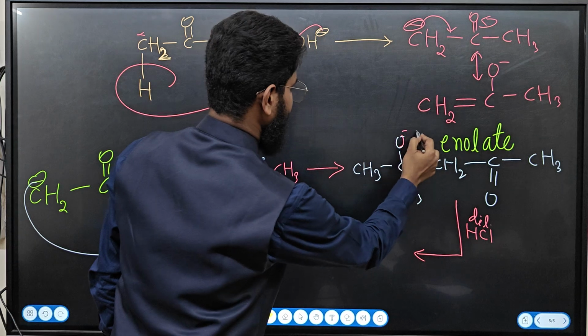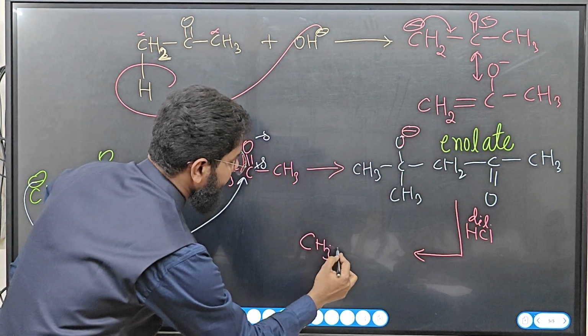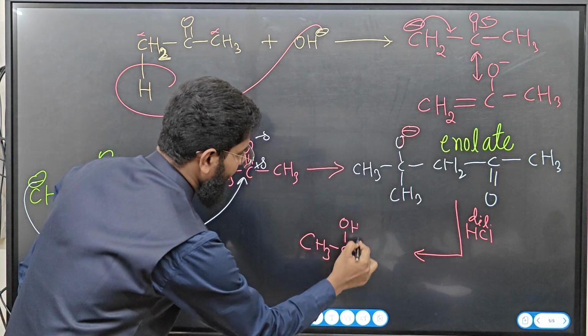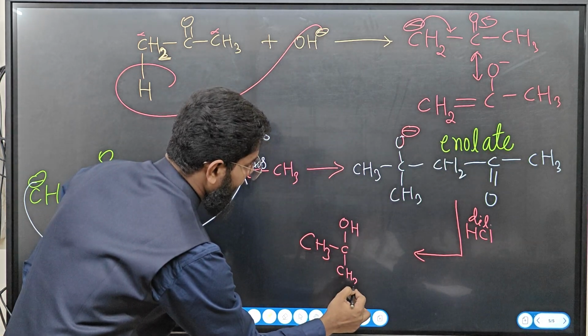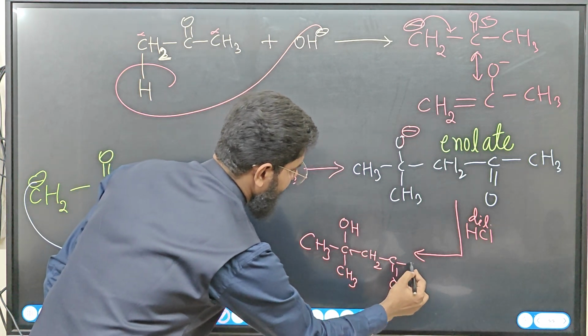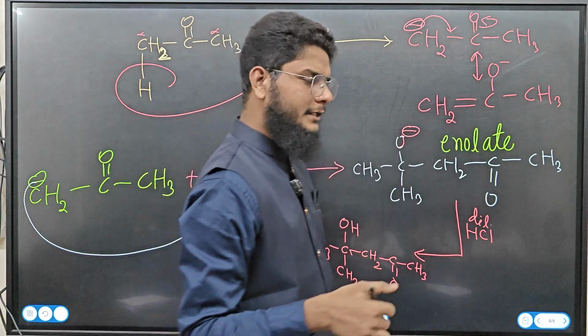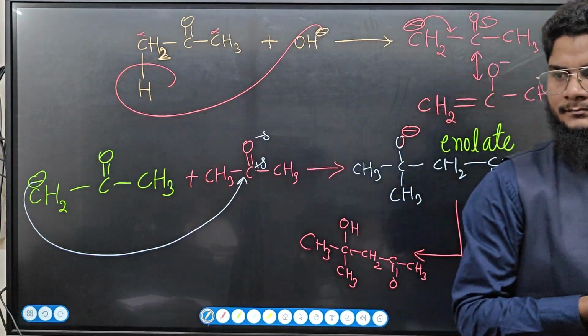This is your negative. So you will get the neutral product, CH3 COH CH2 CO CH3.